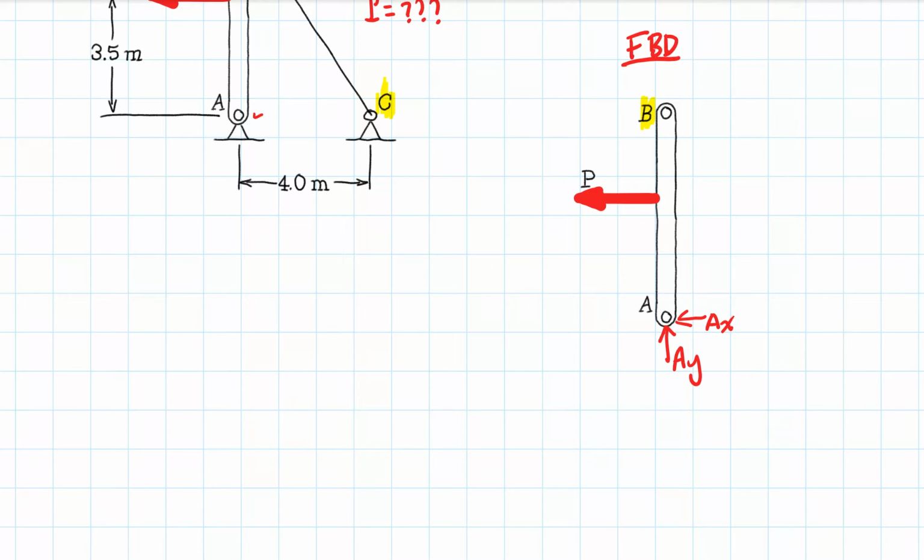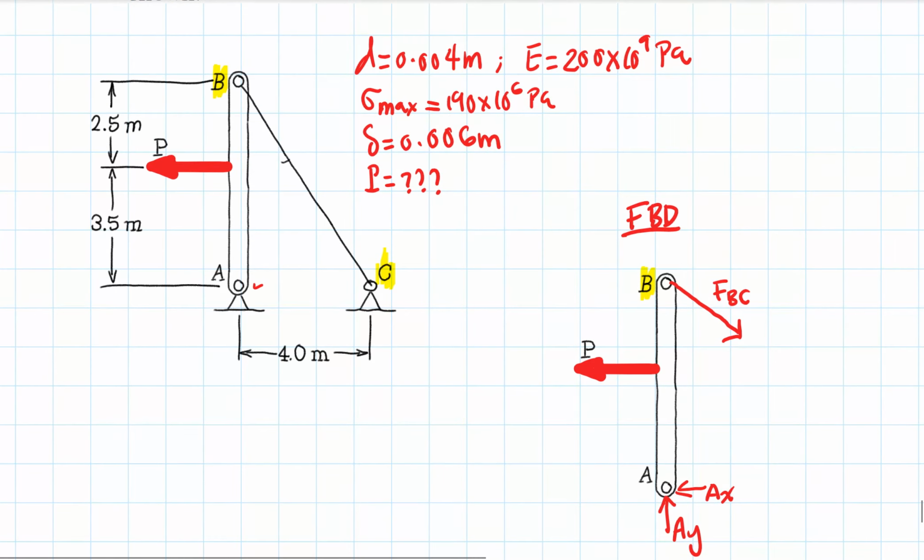And at pin B we will assume that we will have a tension in the cable, and we call this force BC. And to know the angle in here, we can use the triangle relationship. So 3.5 plus 2.5 is 6, and right here is 4.